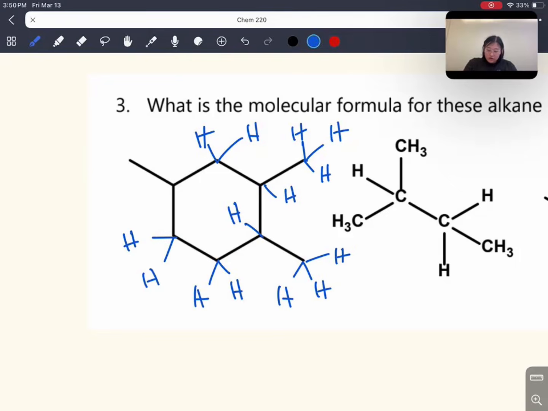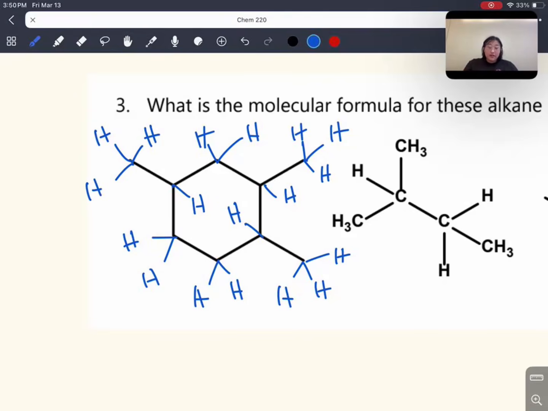Basically, I'm drawing all the implied H's, and the way you know if there's an H there or not is that carbons are bonded to four things if they're in a neutral state. So if they have two lines on them, for example, that means they need to bond to two other things. In this case, they're just hydrogens.